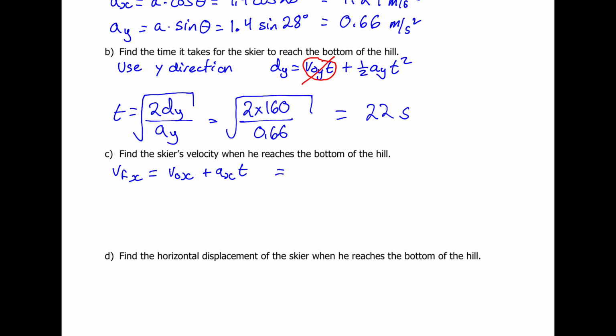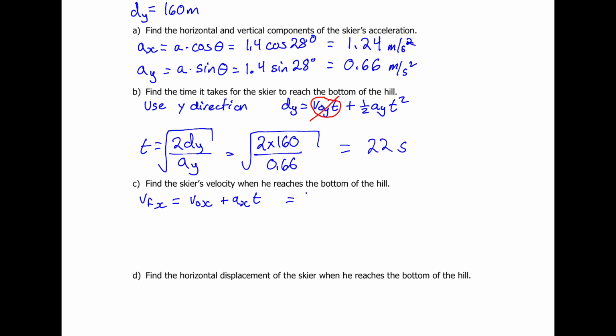So this will just be AX times T, which will be 1.24 times 22. That's 27. Let's call it 28 for now because we're not finished.